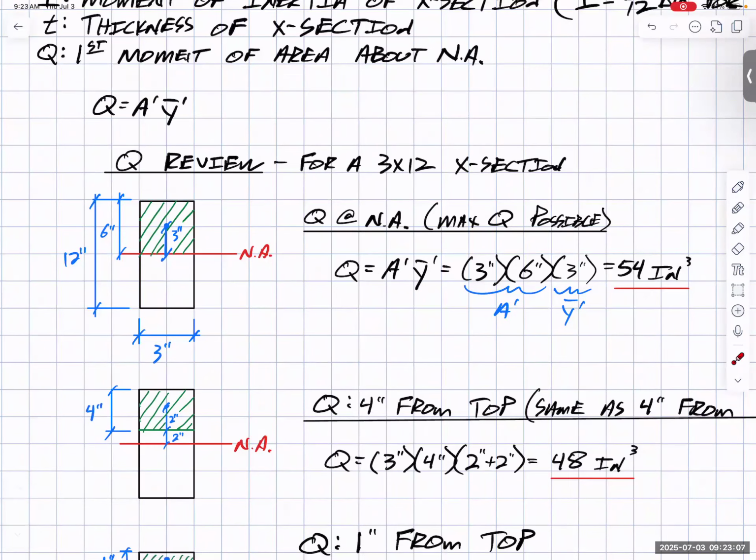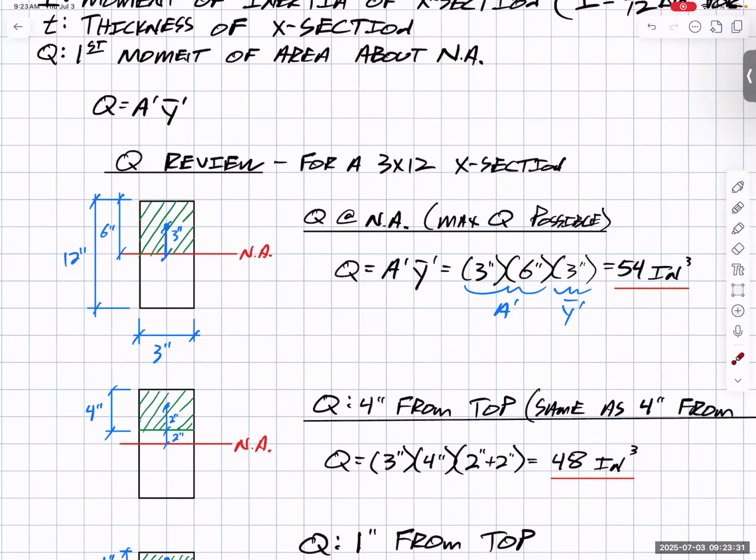So how do I find it? Well, we have our equation, A prime Y bar prime. What is A prime? A prime is the area above the neutral axis. So that's 3 inches times 6 inches, right? That's the A prime. What about this Y bar prime? Like I said, it's a centroid. So what's half of 6? 3, that's its centroid, its distance away. Multiply all that together, and I get 54 inches cubed.